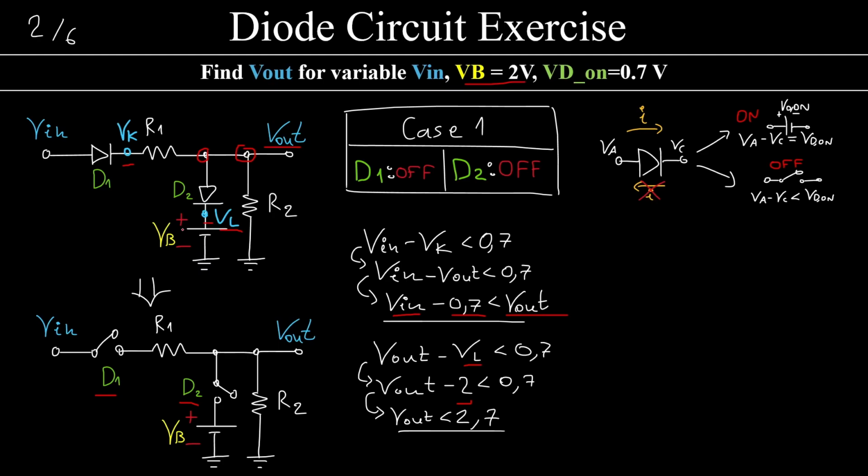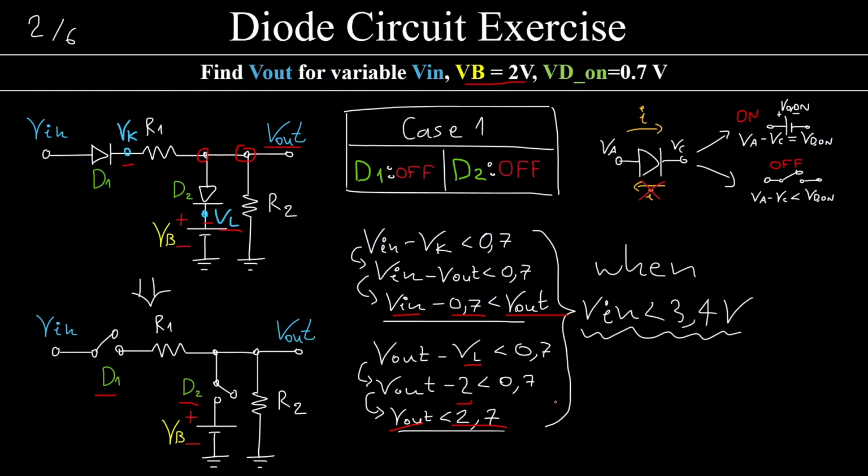So this point has the same voltage as the positive terminal of the battery over here. Less than 0.7 volts, that means that Vout must be less than 2.7. When both of these are true, it means that both of the diodes are off. That means that if I replace Vout with 2.7 over here, I will have that Vin is less than 3.4 volts.